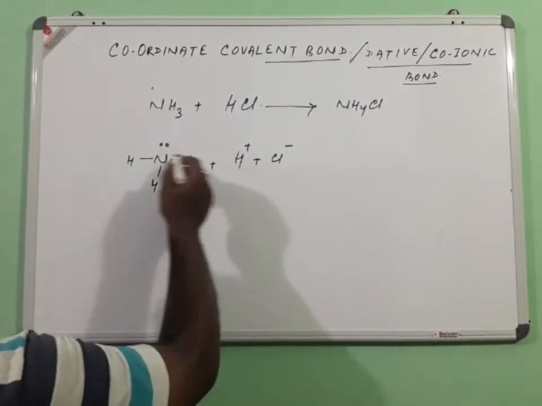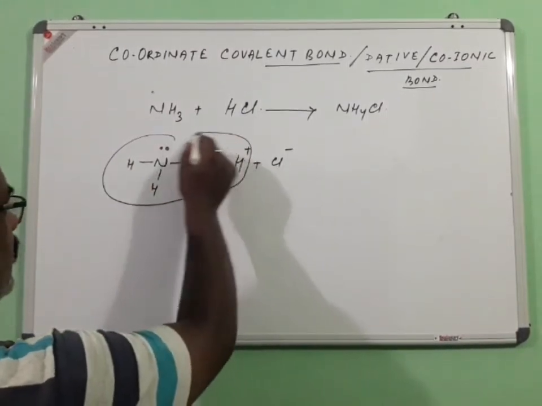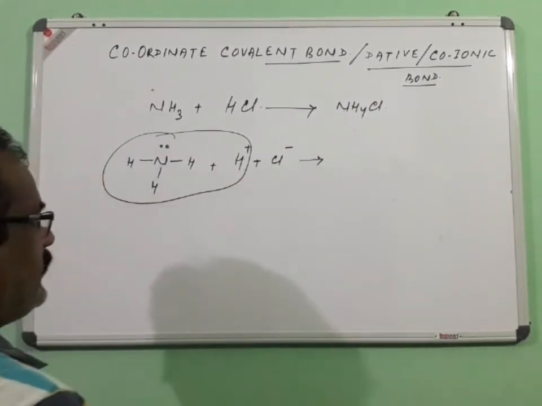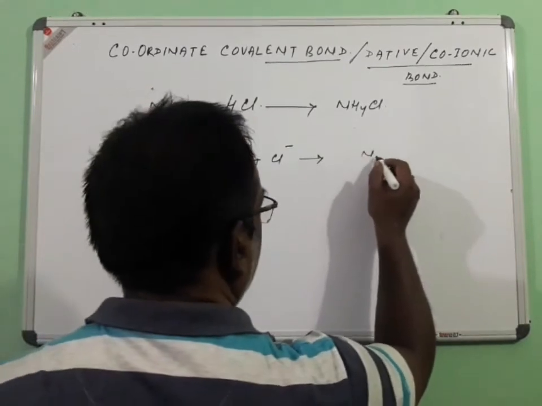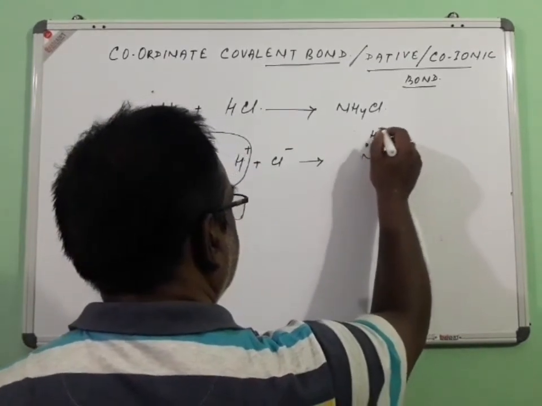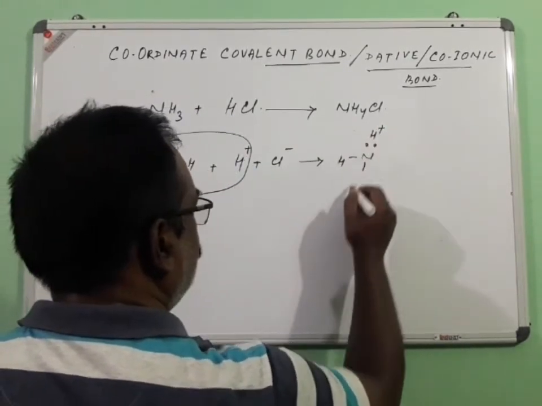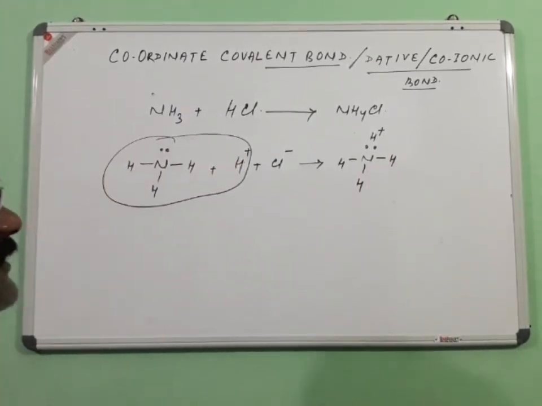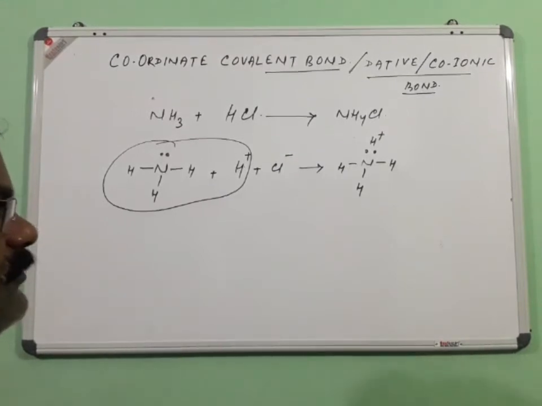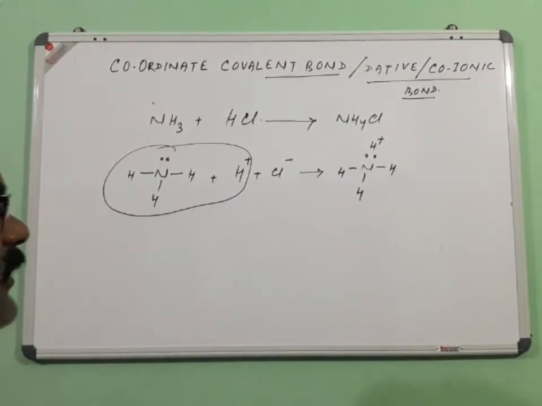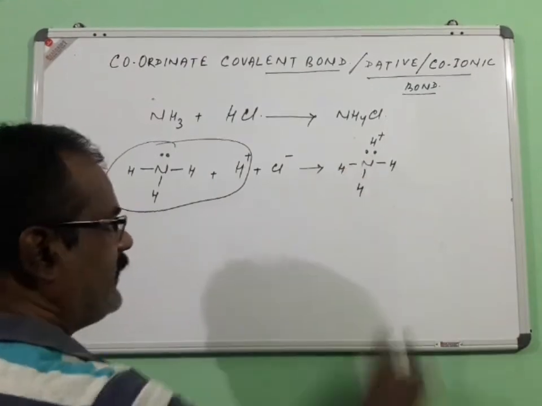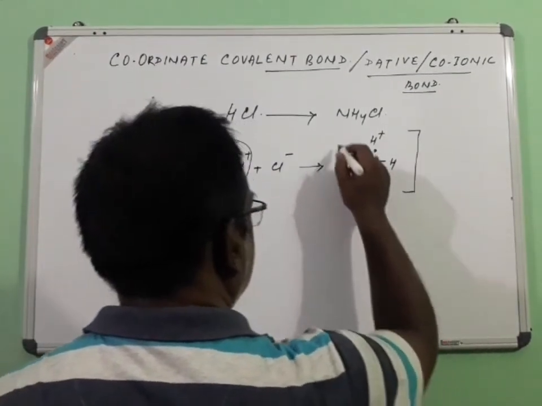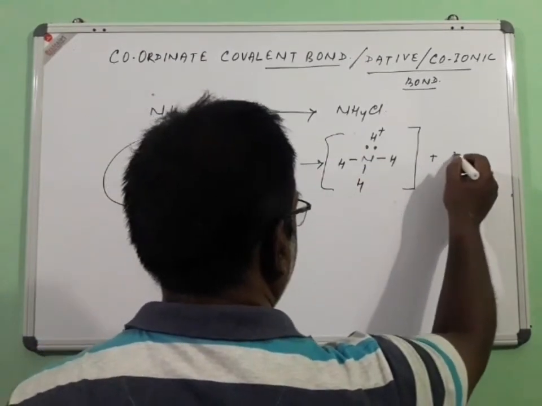This hydrogen ion comes closer to the nitrogen atom in such a manner that it appears as if it has shared one electron with nitrogen, but actually it is not. The pair is entirely provided by the nitrogen atom, and therefore it carries a net positive charge, leaving the chloride.